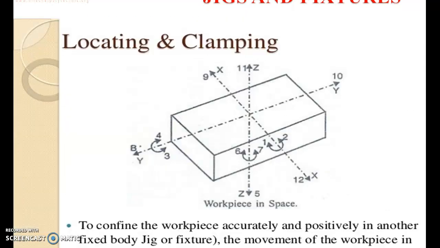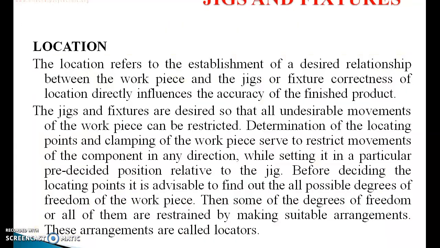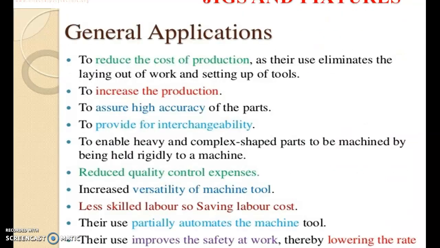The actual motto of using these jigs and fixtures is to reduce the cost of production, as their use eliminates the laying out of work and setting up of tools; to increase production; to assure high accuracy of the parts; to provide for interchangeability; to enable heavy and complex shaped parts to be machined, being held rigidly to a machine; reducing quality control expenses; and using less skilled labor and saving of labor.